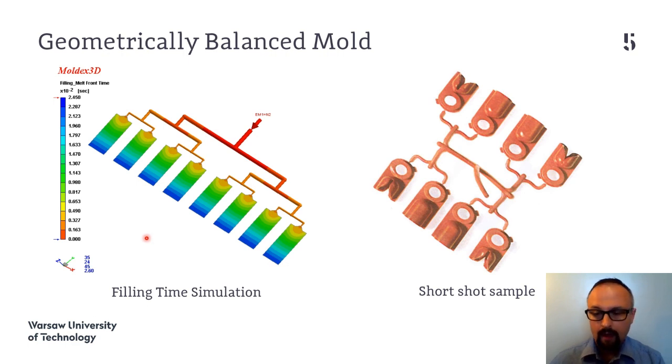Right now, I think since 2005, it is fully possible to do it in Moldex 3D and in some other software, but of course it requires a bit of knowledge, a bit of special modeling of the whole system, and of course not every software is able to simulate this mold filling imbalance.